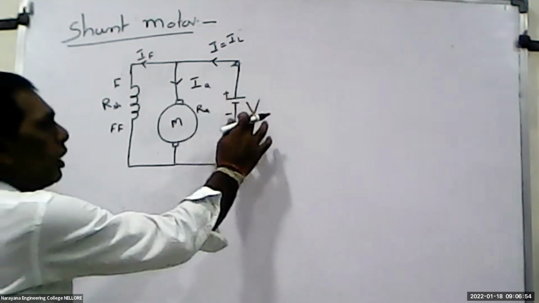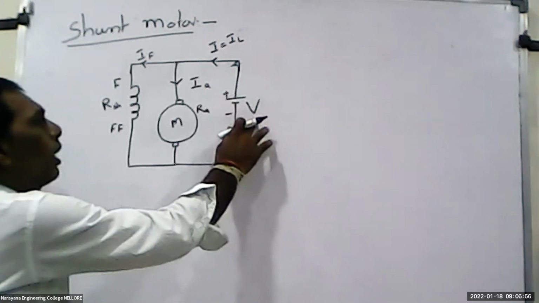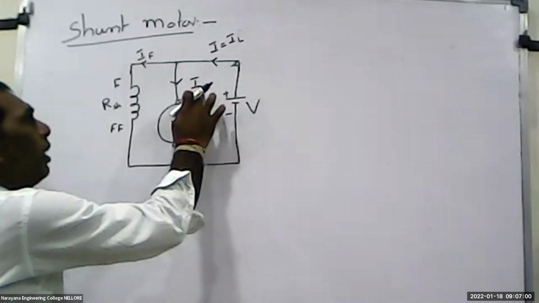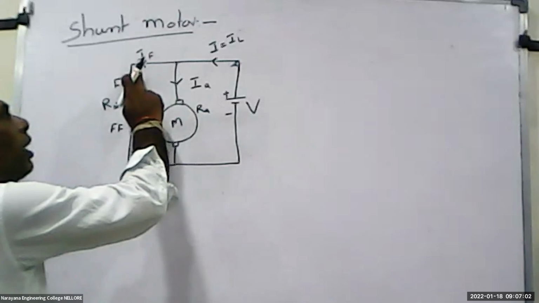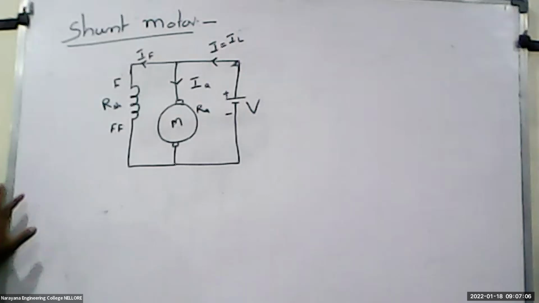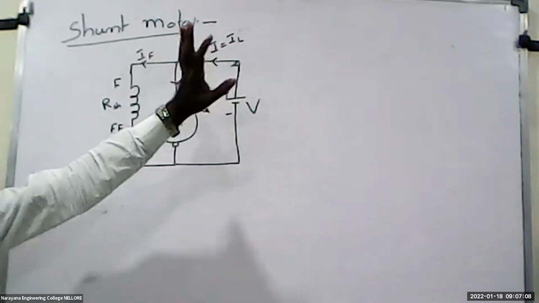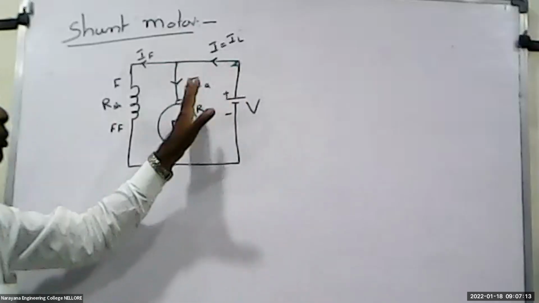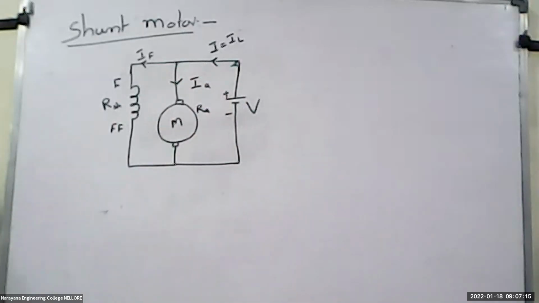So supply voltage is considered as V, armature current is represented as IA, field current is represented as IF, and current delivered by the source is represented as IL or I. Then I have to represent the equations related to the motor.